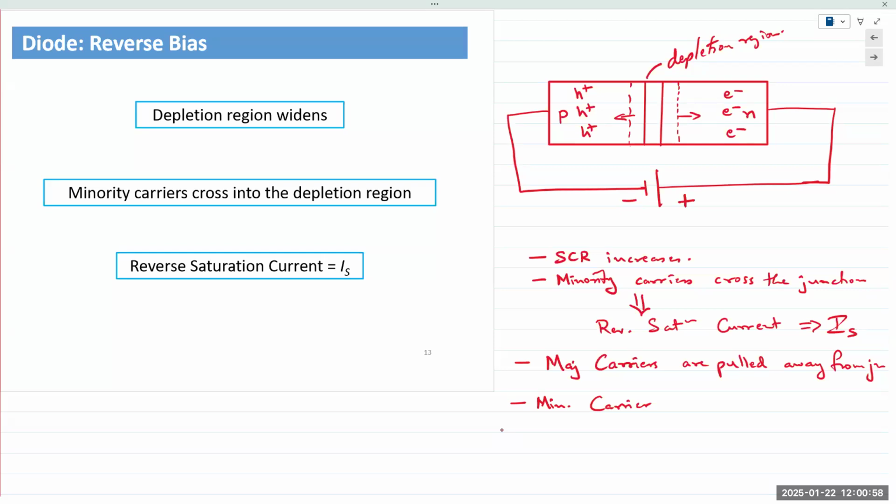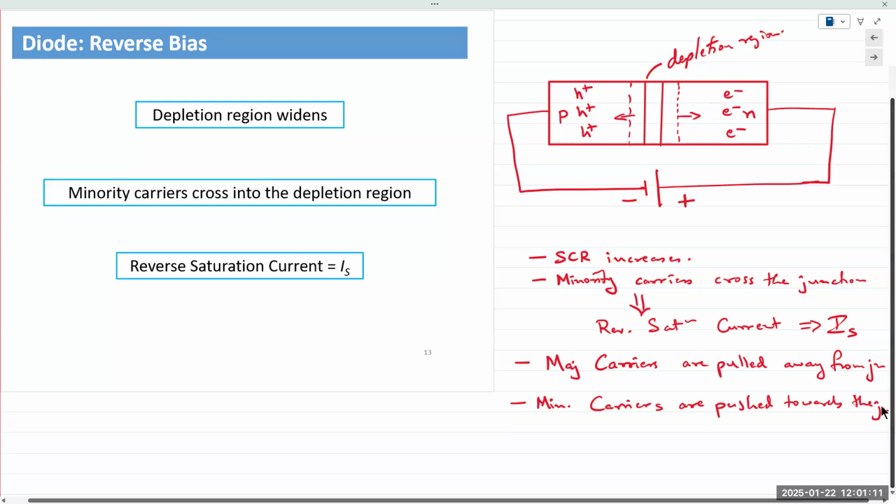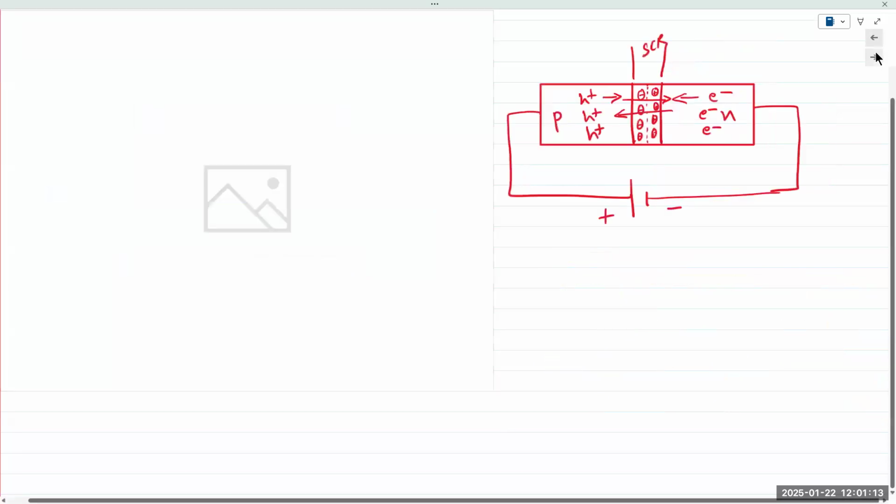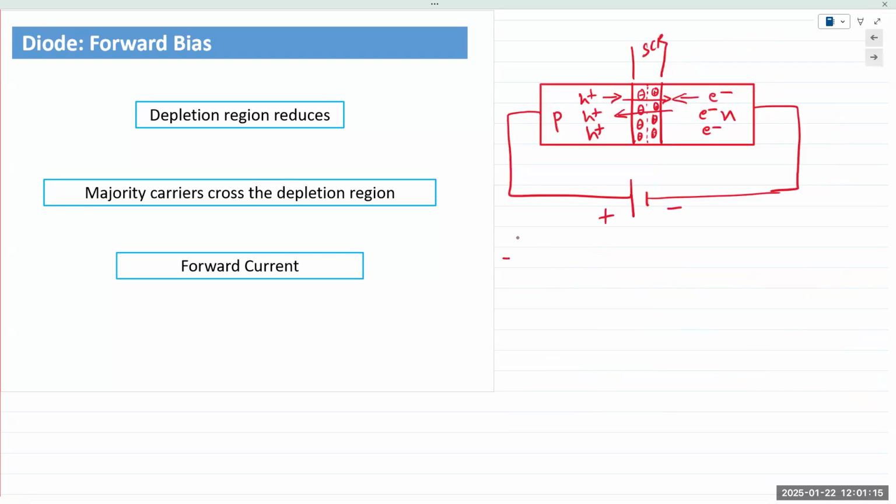Okay. Minority carriers are pushed towards the junction. The opposite occurs here.